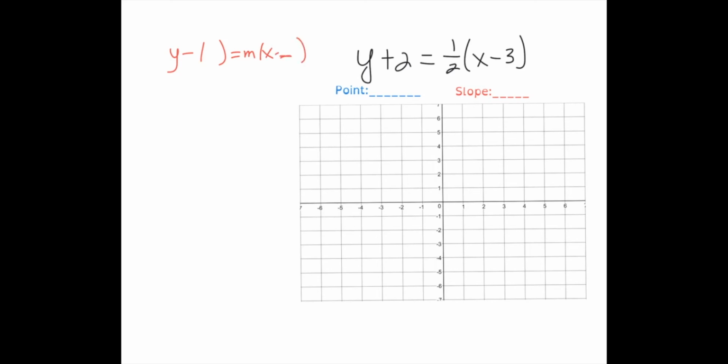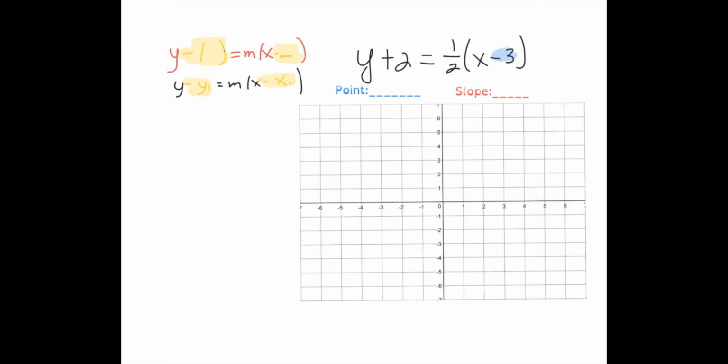Now what we like to see it as is y minus y1 equals m times x minus x1. But what we're trying to figure out is what are those coordinates. So what number is being subtracted from y? That's why I've left it blank here. What number is being subtracted from y? And then for the x coordinate, we see it as what number is being subtracted from x. So I just left that blank so I could ask myself what number is being subtracted from x.